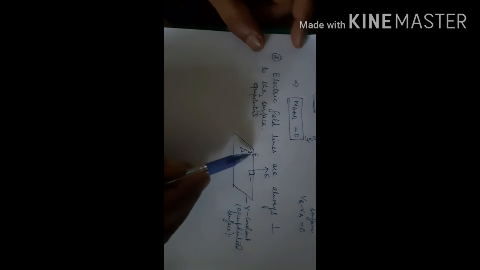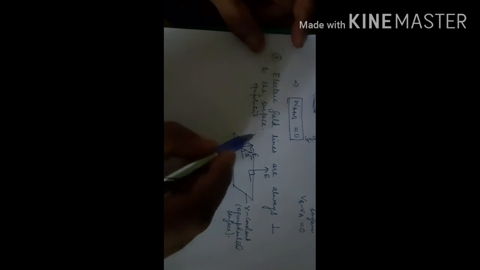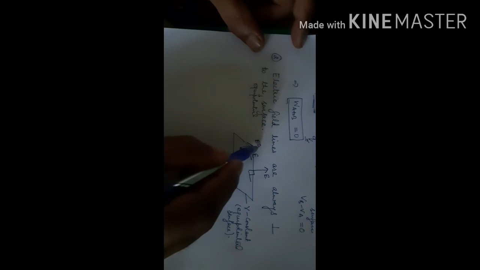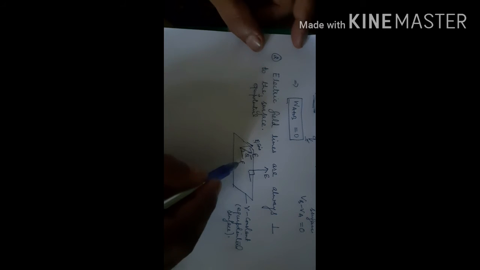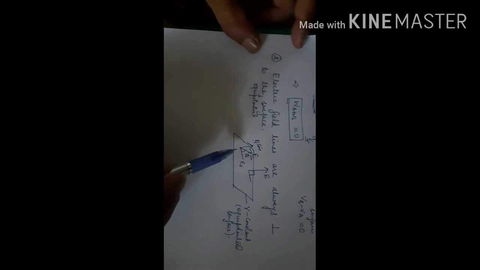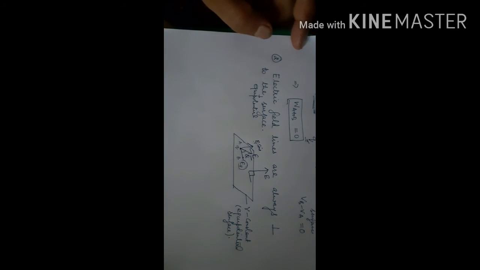Then I can resolve this electric field into two parts: the perpendicular component, that is E sine theta, or E perpendicular, and E parallel. Now if a charge is moved from A to B, then I have to do work against this electric field as it is along the surface.